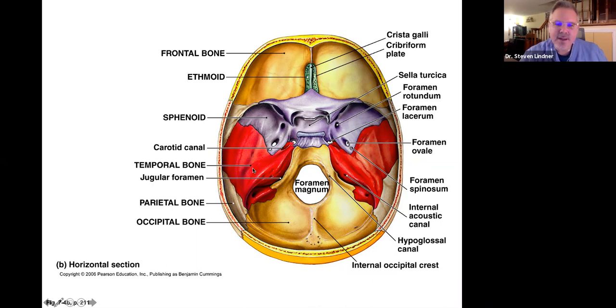And right here, this elevated portion is called the petrous ridge of the temporal bone. And what is housed within this, what's under here, is the center that controls your balance. It's the vestibule or the vestibular canals of the ear.